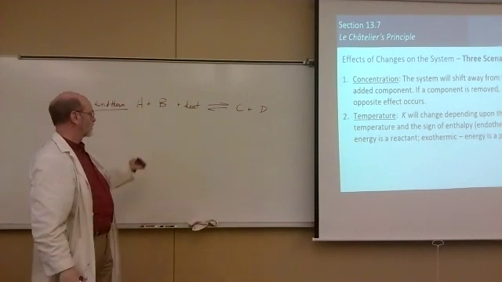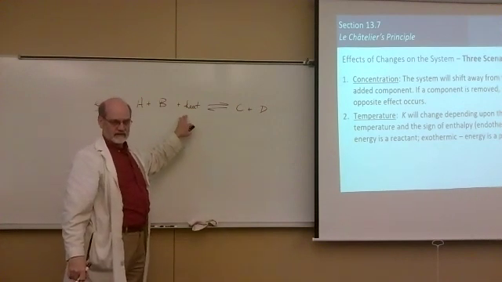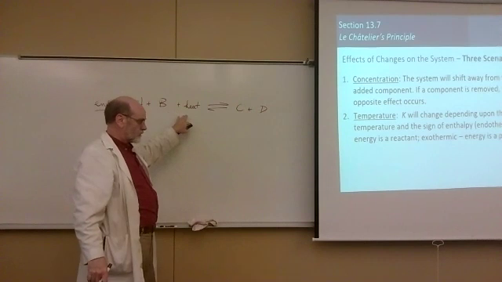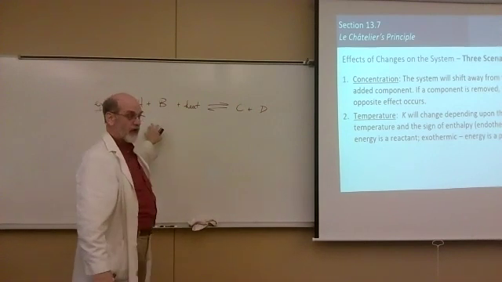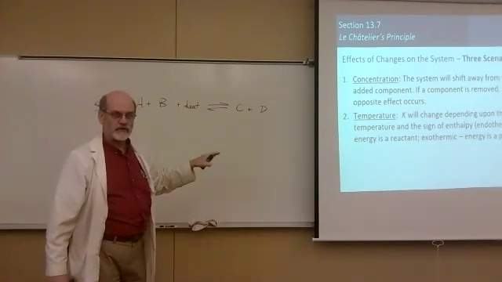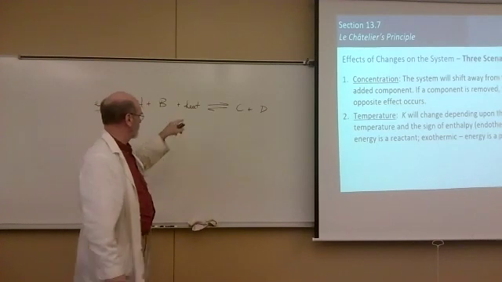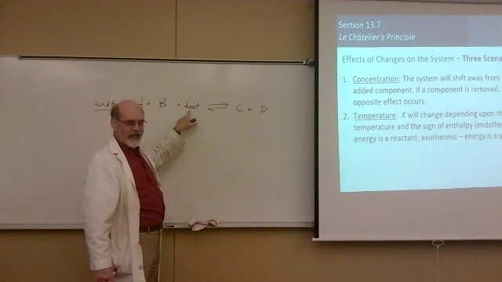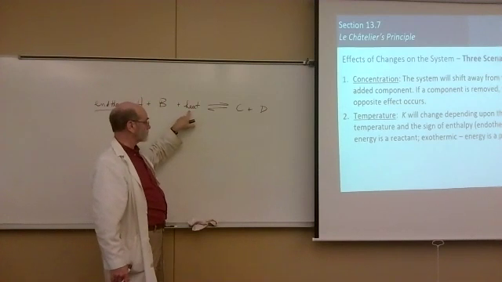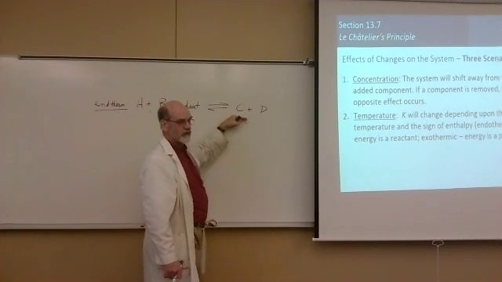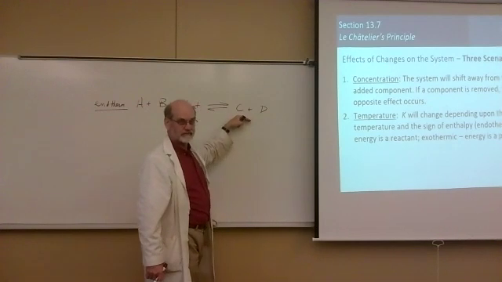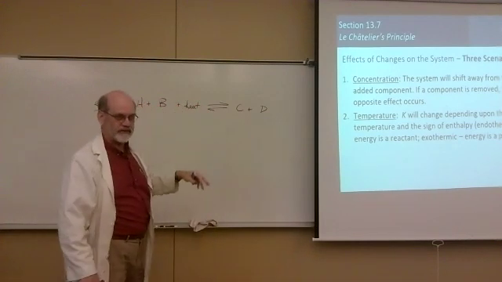Endothermic. We make heat a reactant. So for endothermic reactions, if you increase the temperature, where does that show up? Right here. You add heat to the reaction, it's going to drive the reaction to the right. That's an endothermic process.